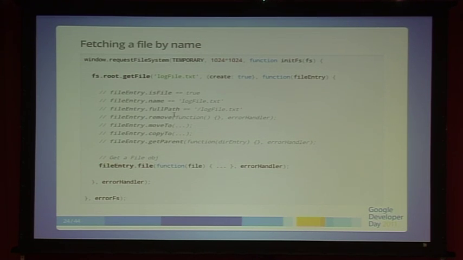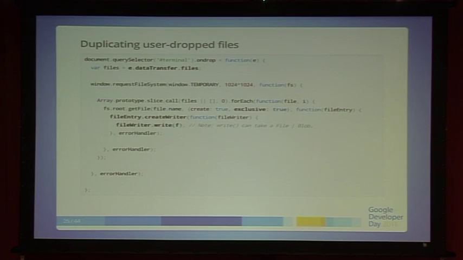What's the path? And then you've got remove, copy, move, get the parent directory. If you want to do some operations on the content of the file, you need to get the file object for the file entry. But there is also create writer, which gives you a direct file writer to the file.